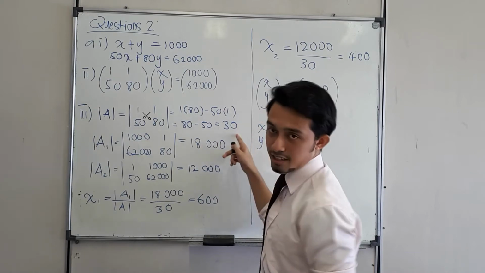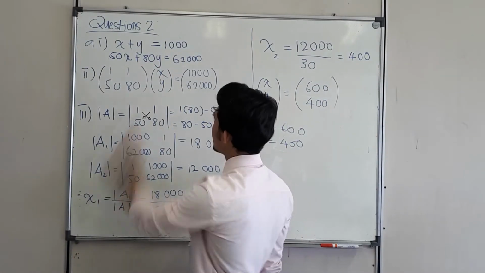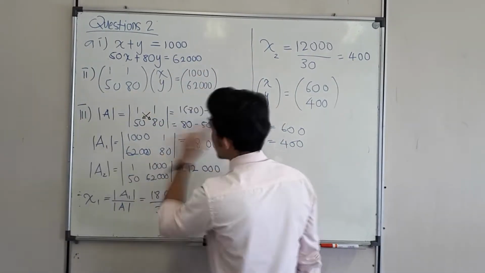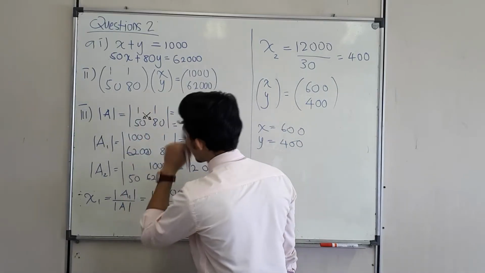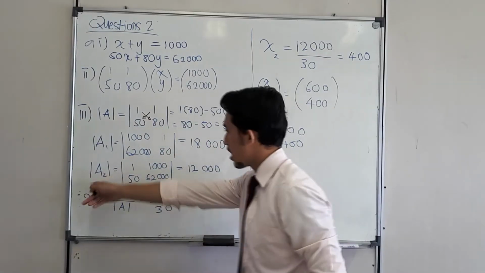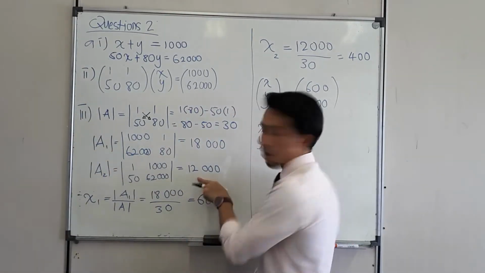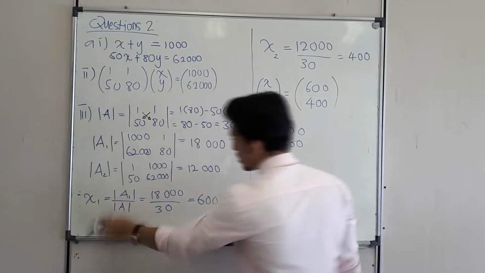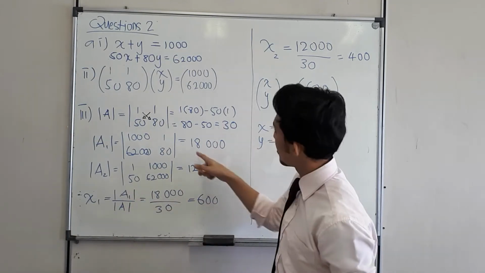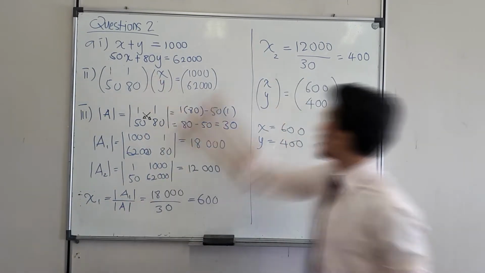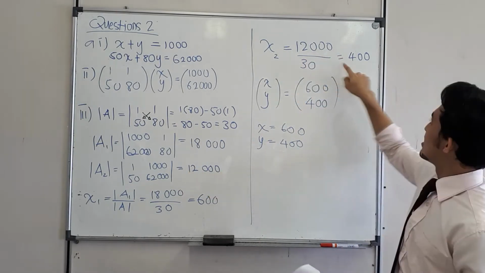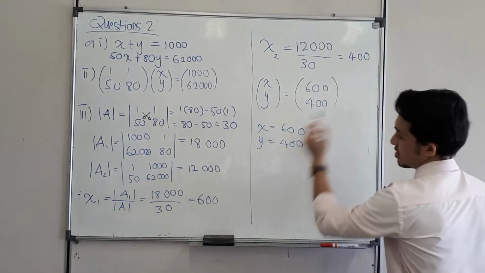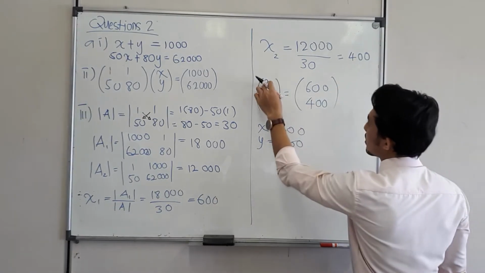So we got 30. So divided, and then we get 400. So 600 and 400 is the value of X and Y.